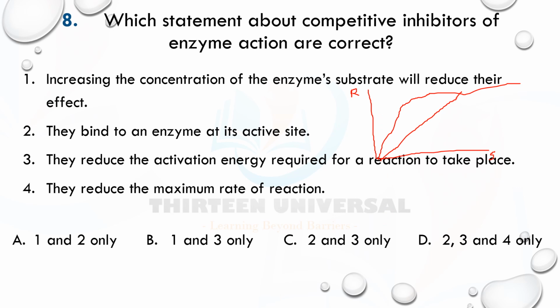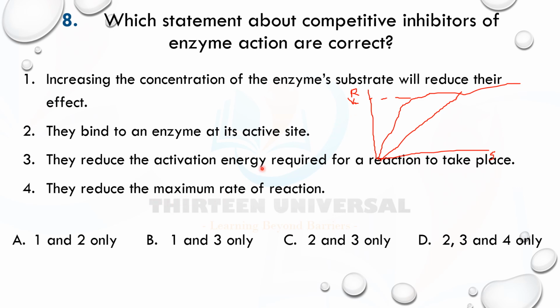Let me write it down. So this is Vmax. Can you see that? That's Vmax, the highest rate of reaction. Very important, this reaction here is with competitive inhibitor, and this is without inhibitor. Both of them still reach Vmax.